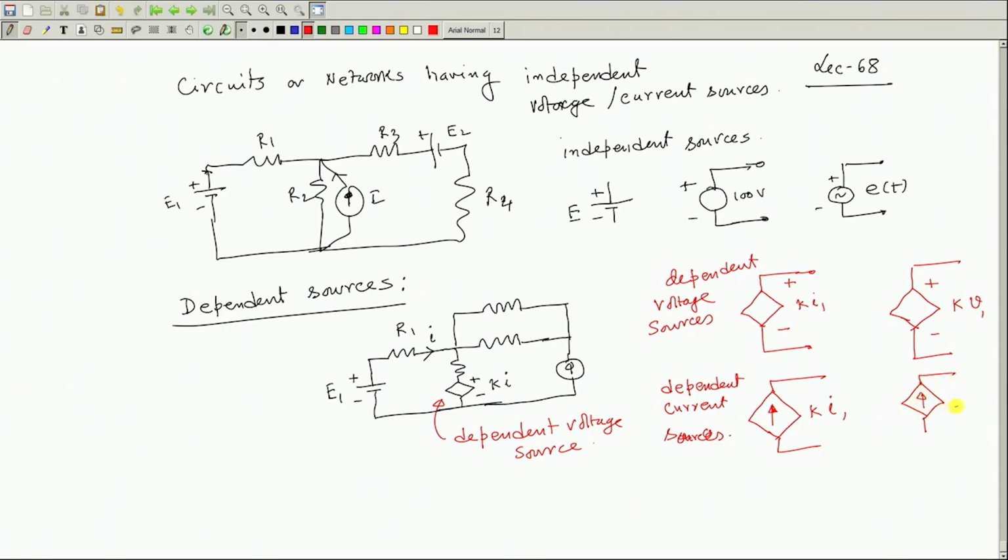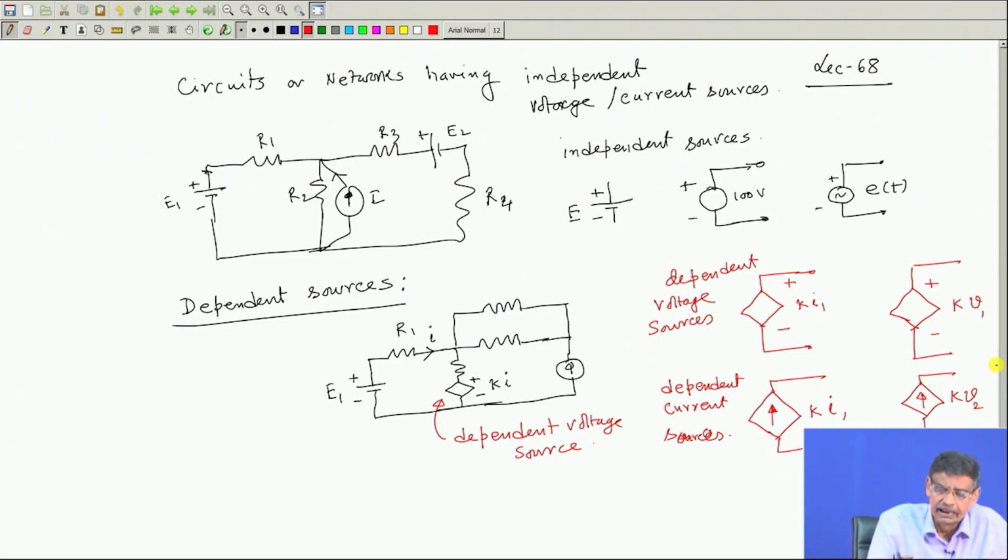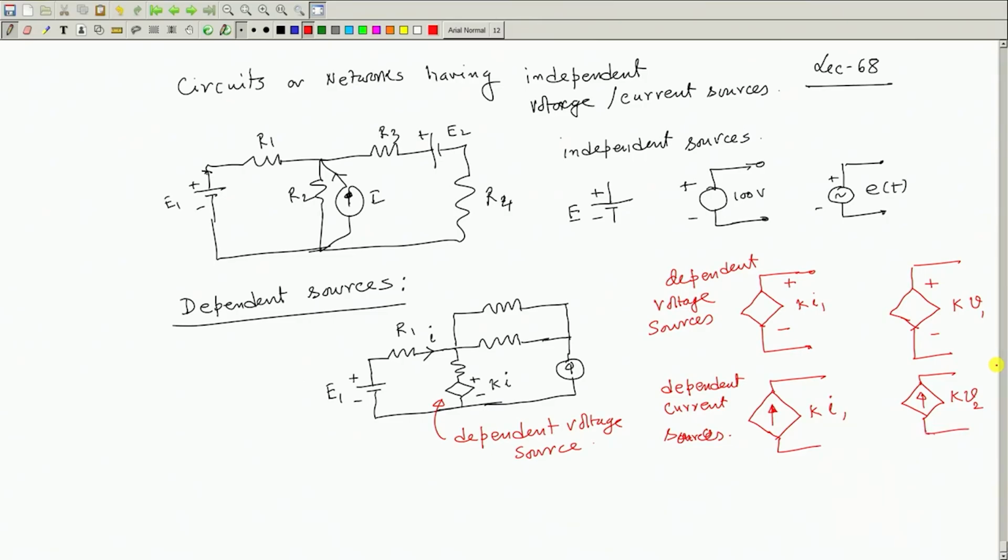For a dependent current source, the magnitude of this current, with the direction specified, just as we have specified clearly the voltage polarity, may also depend upon some voltage in some other branch. Understood? So there may be some sources which are neither an ideal battery nor a current source, as we have dealt with earlier, and those are called independent sources.